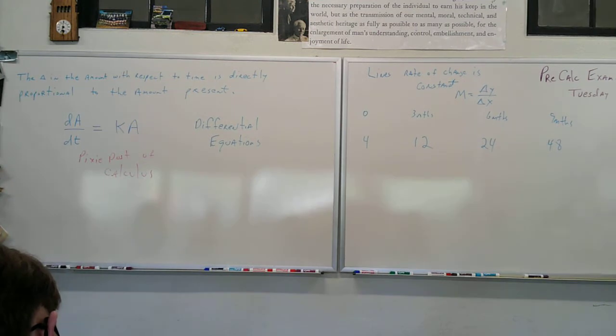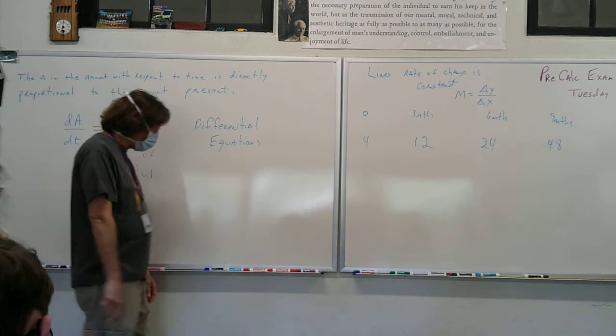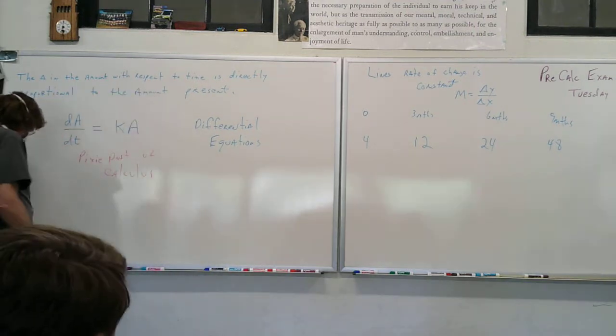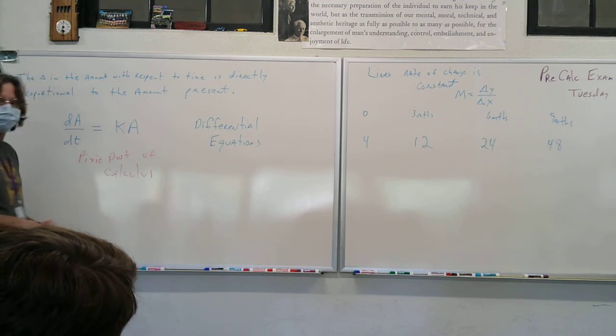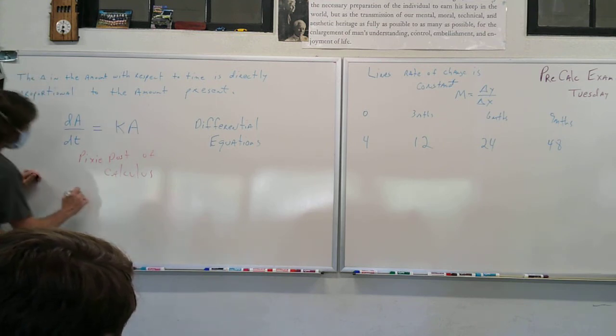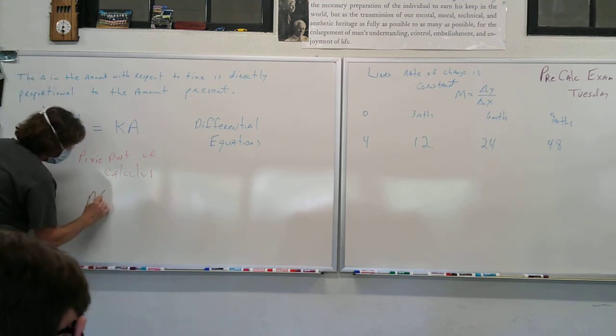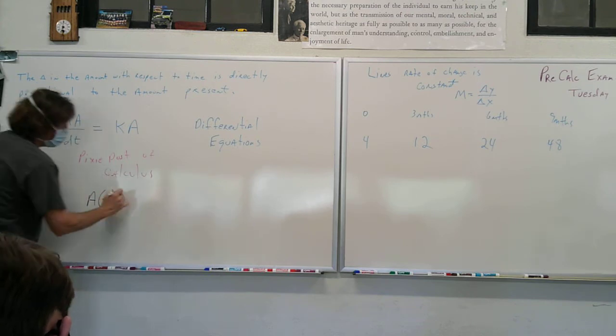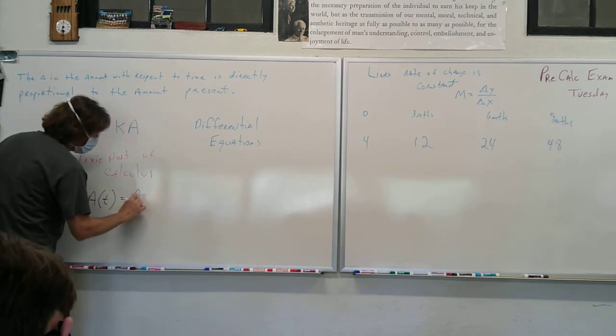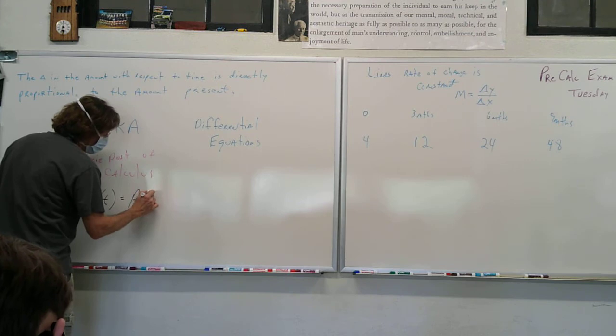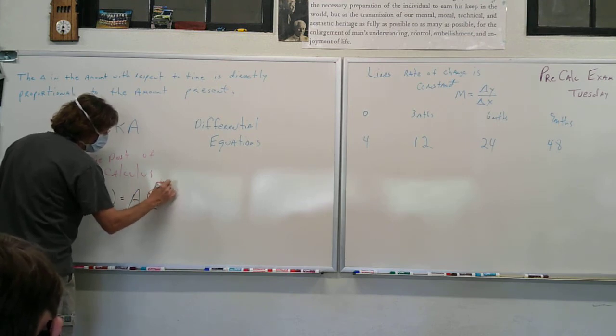which I can't teach you because you haven't even had differential calculus yet. But through the pixie dust of calculus, this turns into this very important formula. The amount at time t is equal to whatever the original amount is, e raised to the kt.